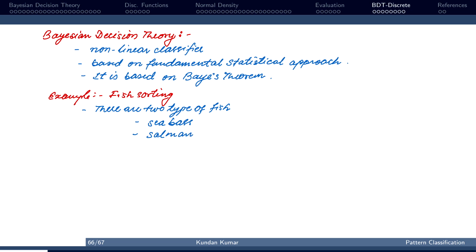So if we define type of fish as a random variable, then we can define our state of nature or class as a random variable in case of a sorting problem.